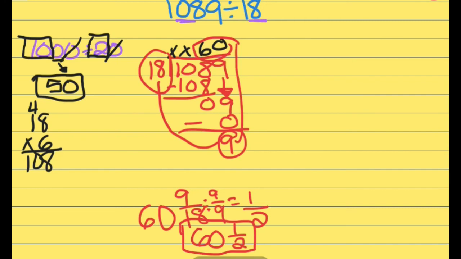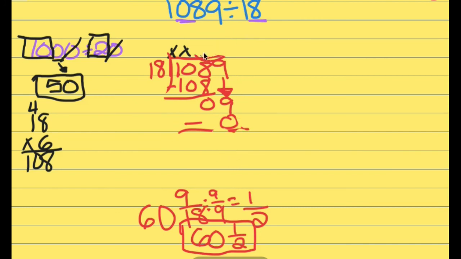Or if you want to divide it all the way out using decimals, we can go back and erase and keep erasing. I messed up, so I'm going to write the 60 over, change the colors so I can bring down the red 9. We know that 18 can't go into 9, so that's why we have the 0 there.